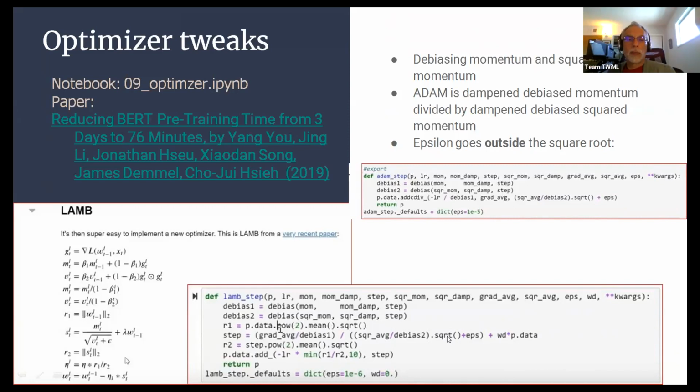No, I think they were right, but maybe it's a difference between Adam, the formula for Adam, which I didn't show, but it also has an epsilon in it. And maybe in the Adam formula, the epsilon has to be outside the square root, and in the LAMB formula, it has to be inside. Because obviously, this must be the correct form for LAMB because it's directly from the paper. Right. The implementation here looks like it's wrong.